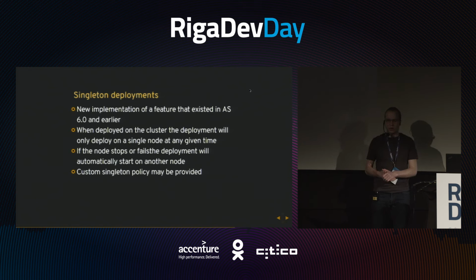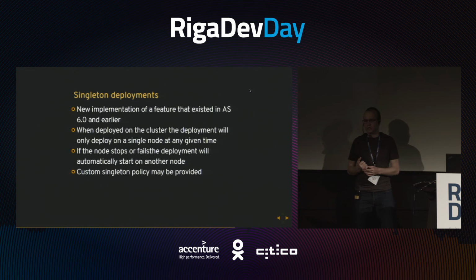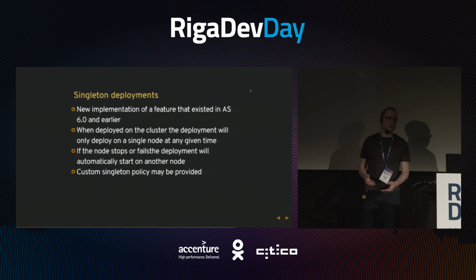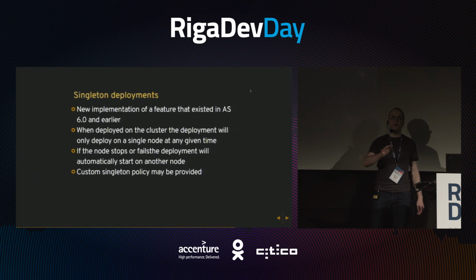Another thing is Singleton deployments. This is a feature that existed in previous JBosses. It was removed for some time, but we introduced it again. Basically, it's also a practical thing when you have a domain of servers and have an application.